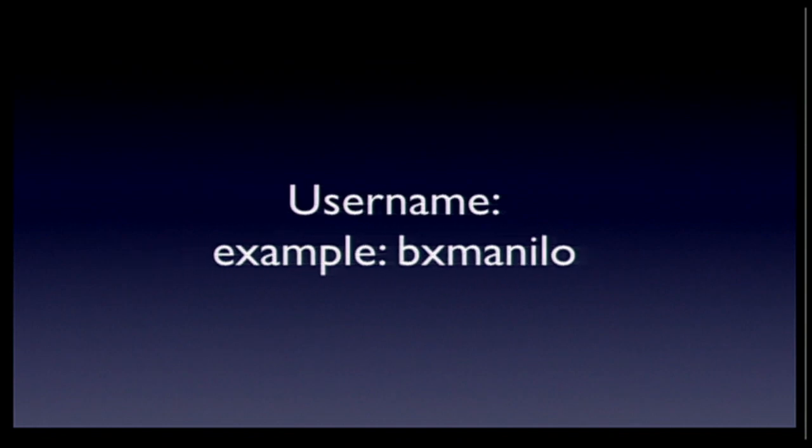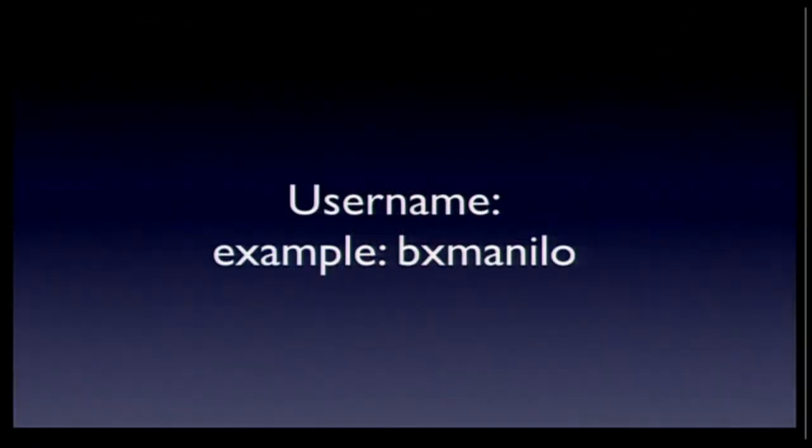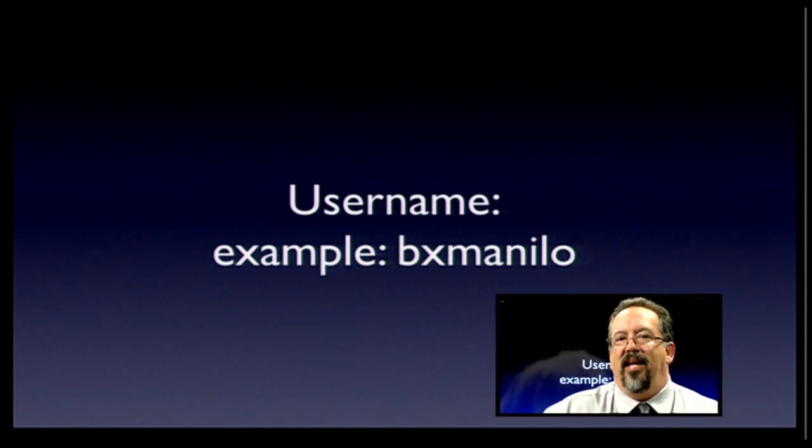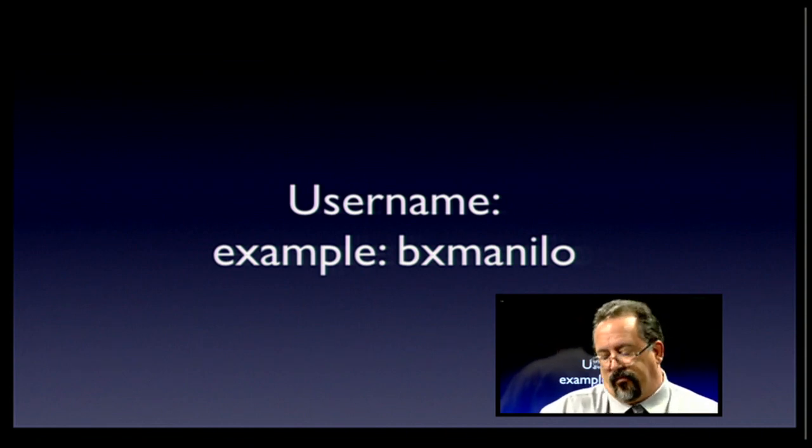So let's go back to our original example. Here's our guy, Mr. Manilo. His username still stays the same, bxmanilo, whatever that was. Now some of you may have a username that's a little bit different, and that's because in Epsilon, we can't control the usernames. We can control them to a point, but Epsilon produces the usernames.